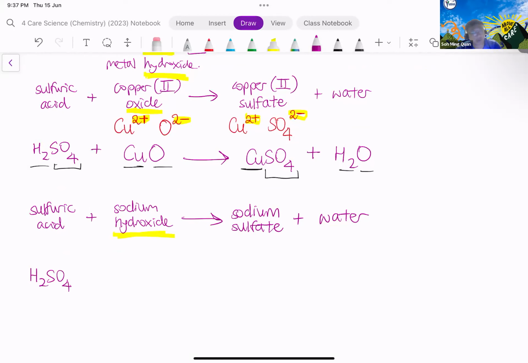Sodium hydroxide: sodium is in Group 1, loses 1 valence electron, so the ion has a 1 plus charge. Hydroxide is OH minus. So it's NaOH, because the plus and the minus balance each other out in charge already. So sodium hydroxide is NaOH.